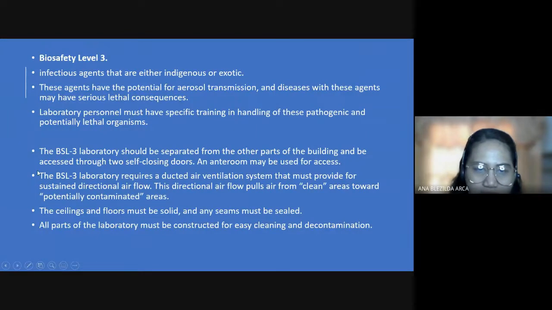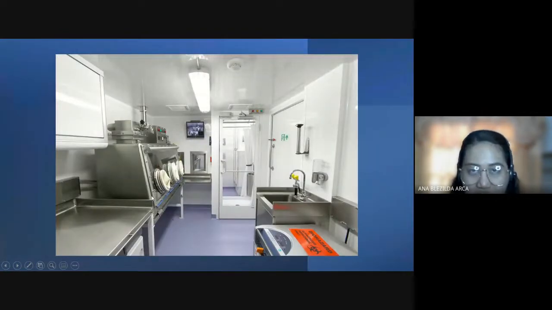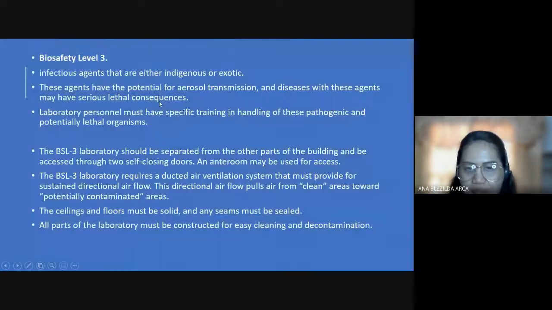Now, another one is that the level 3 laboratory requires a ducted air ventilation system. So the air inside should only circulate there. And when it exits, it must pass through a HEPA filter. This means, class, the air inside does not go out into the other room. It should only circulate inside, and if it leaves, it goes through the HEPA filter. Okay? And also, the ceilings and floor must be solid.